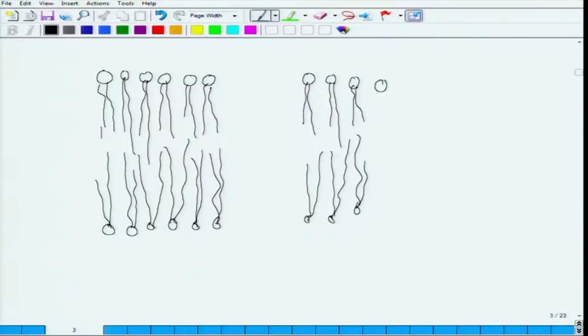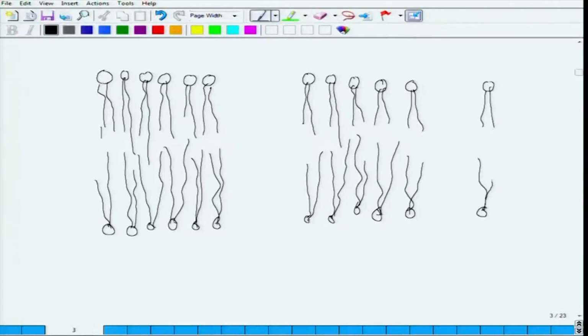This is very tightly packed, though the way I am drawing it, there are gaps you are seeing.